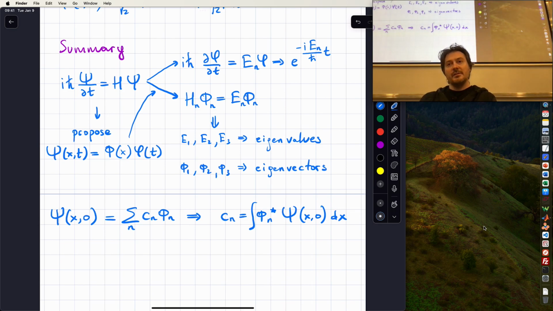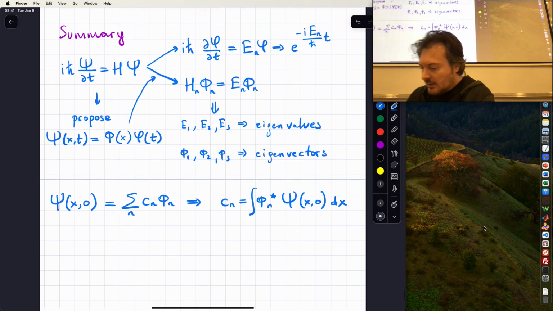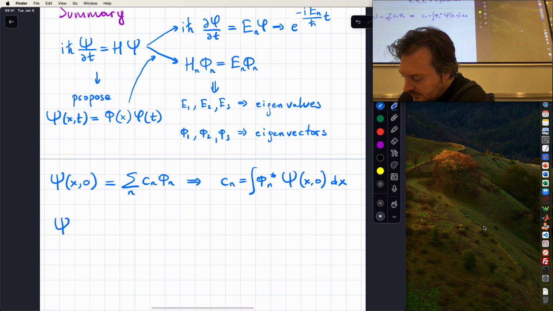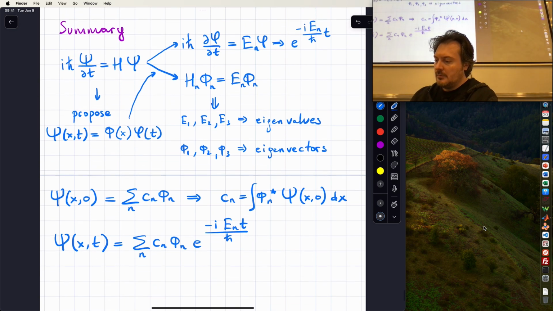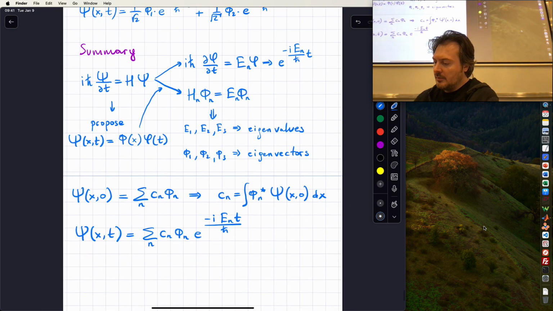Do you remember all this? Yes? And finally, psi of x,t is the sum over n of Cn phi n e to the minus i En t over h bar. That's how this quantum mechanics machinery works.